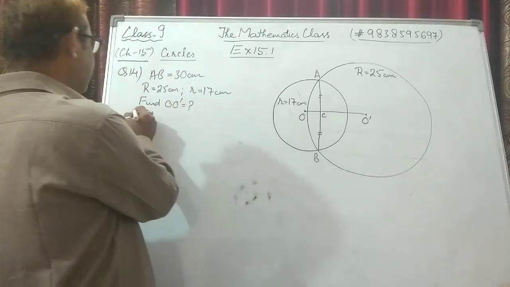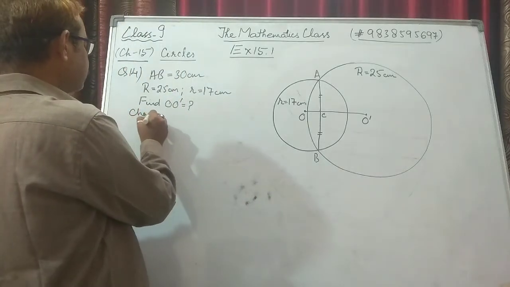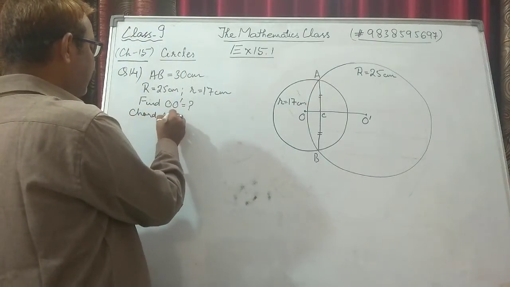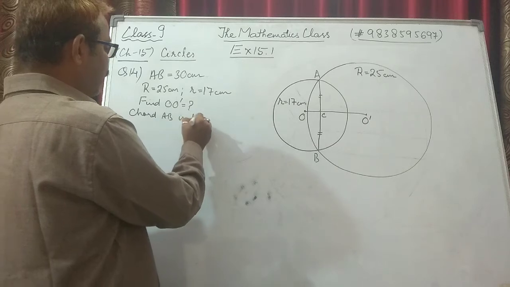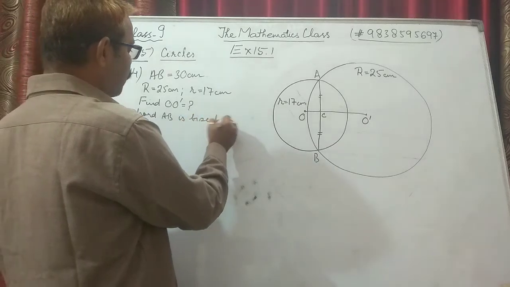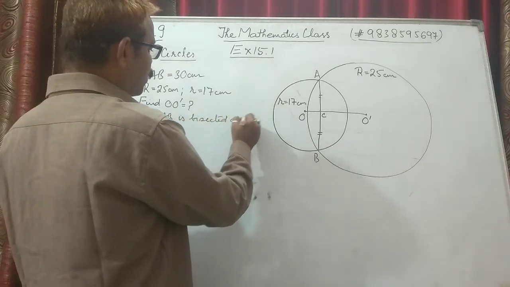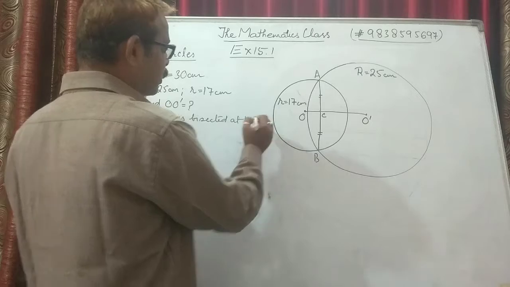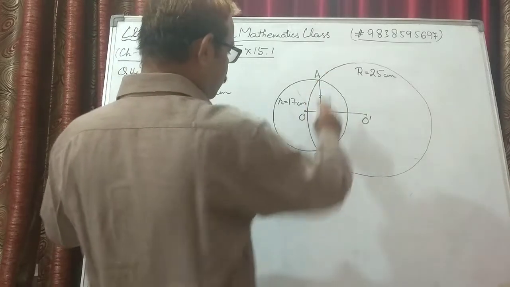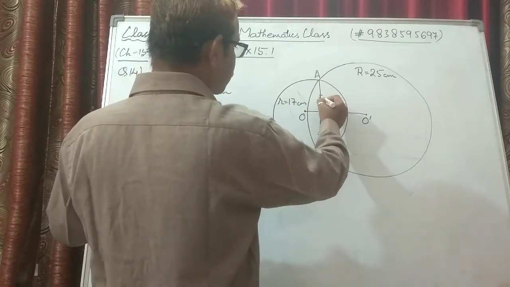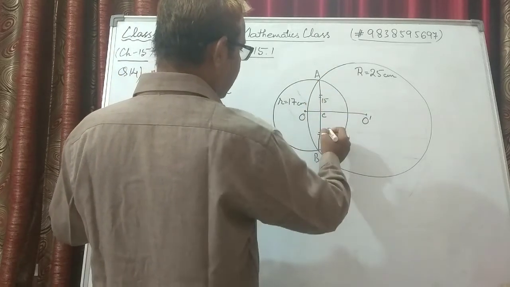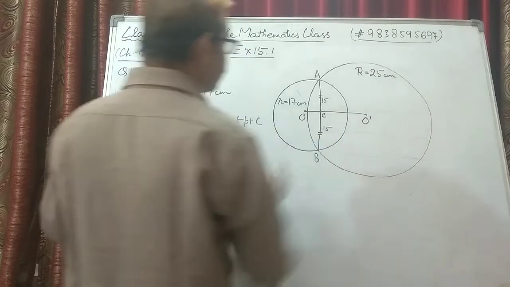So we can say chord AB is bisected at point C. Now the chord is bisected, this total is 30 centimeters, so this comes out to be 15, and this also comes out to be 15.